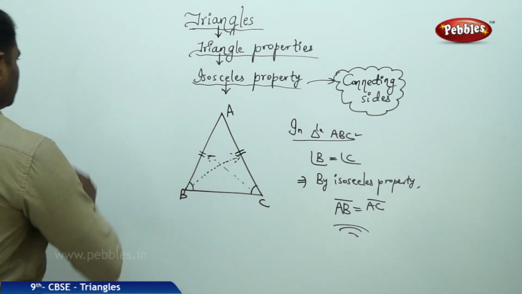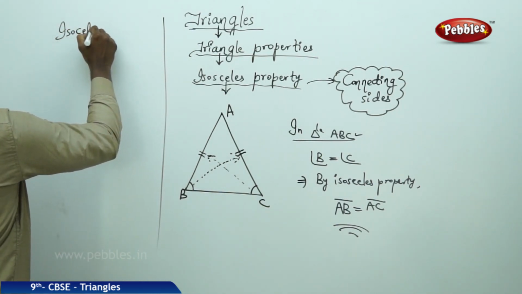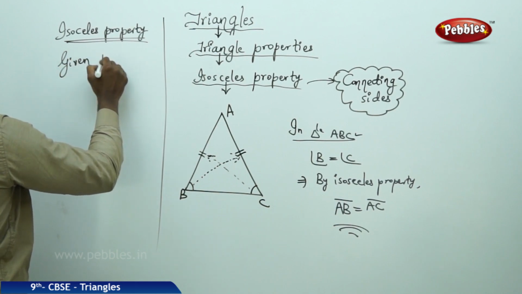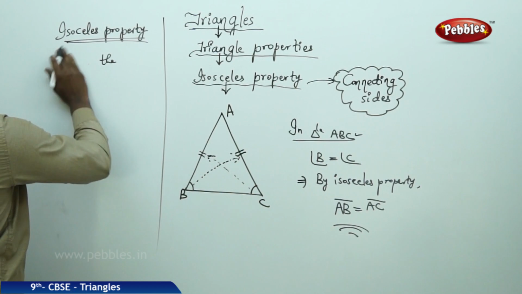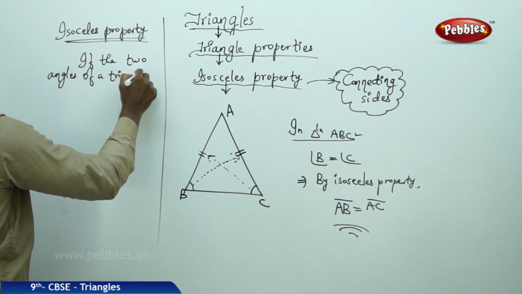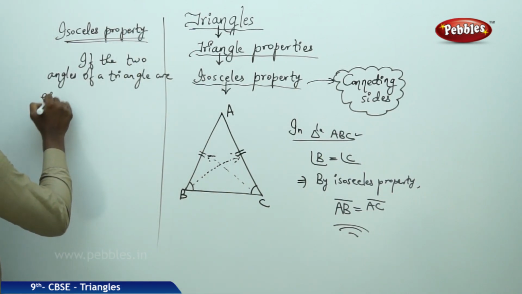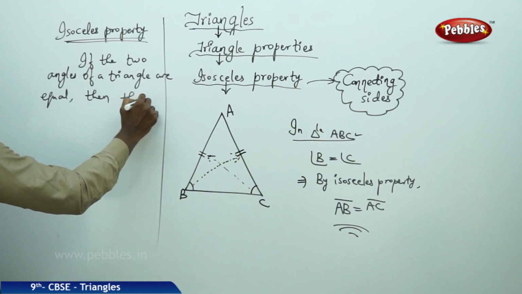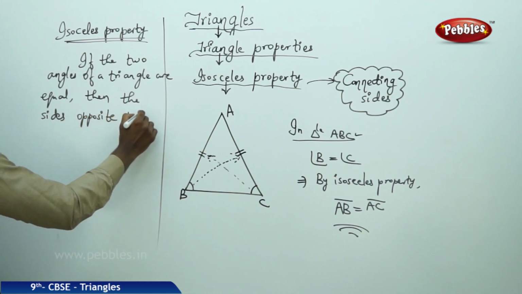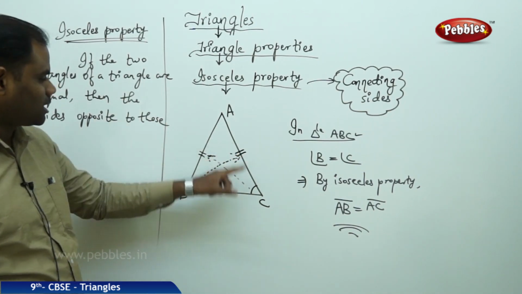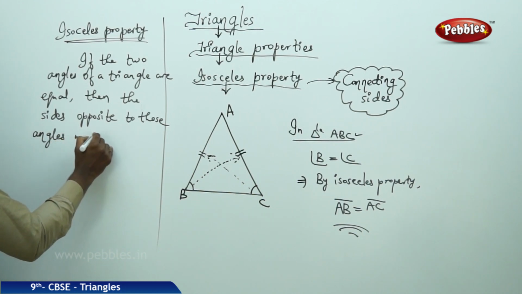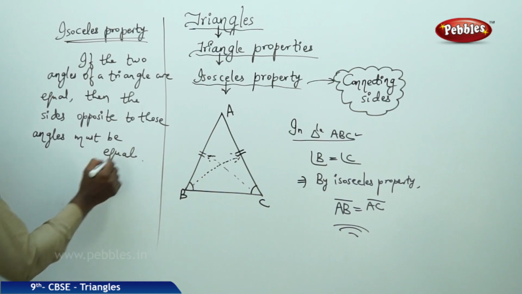Therefore, my property equally defines that if the two angles of a triangle are equal, then the sides opposite to those angles, like this side being opposite to this angle and this side opposite to this angle, must be equal.